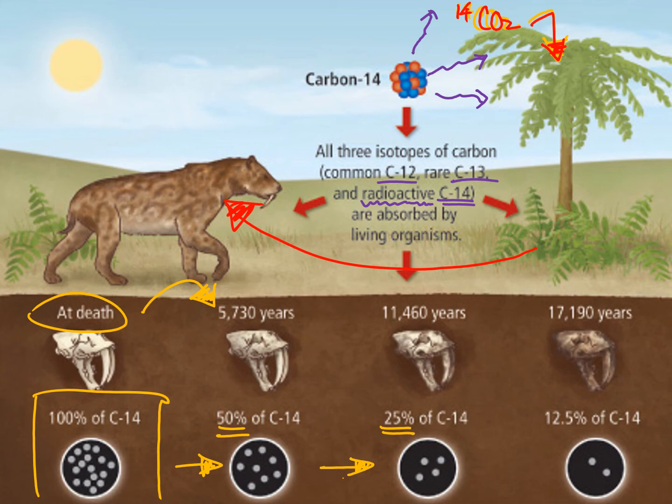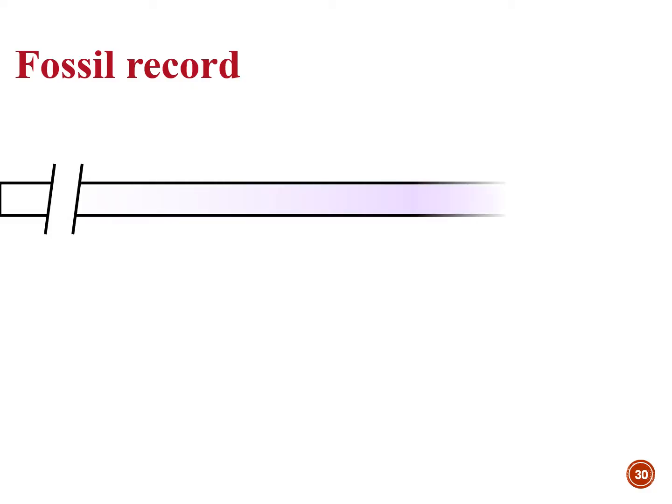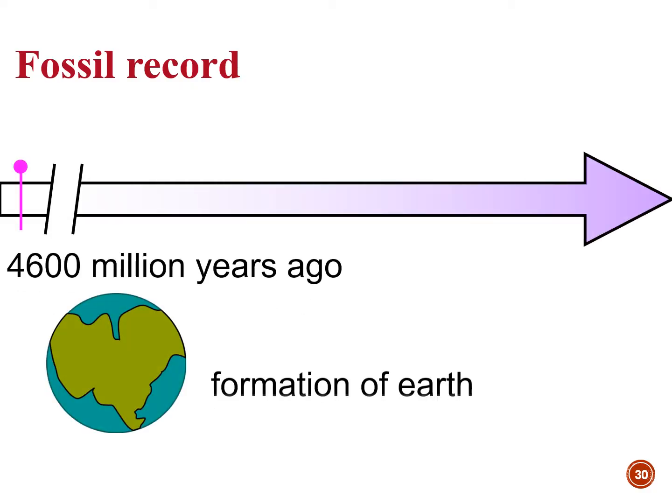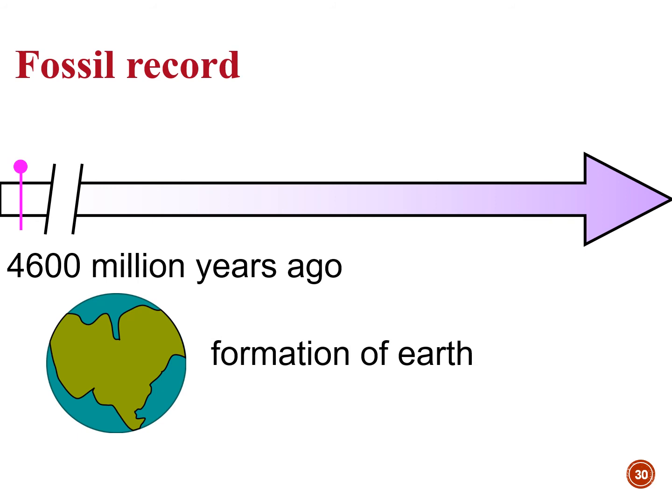So using this method, we can estimate the time of death of the organisms, or we can estimate the age of the organisms using the carbon dating method. By using radioisotope dating, such as carbon dating, we can estimate the age of the Earth.